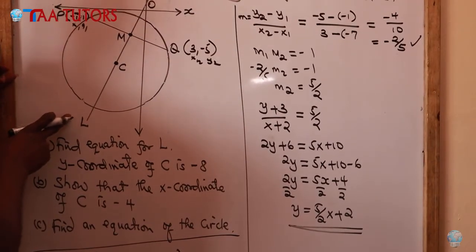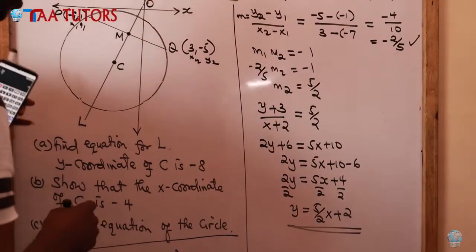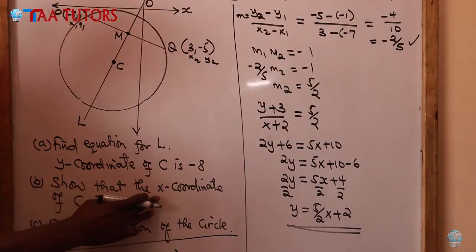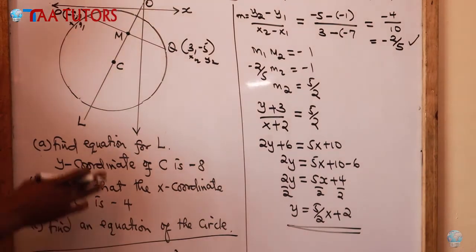Now we need to show that the x coordinate of C is 4.